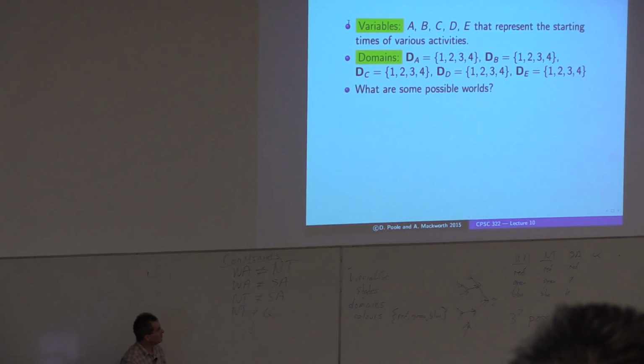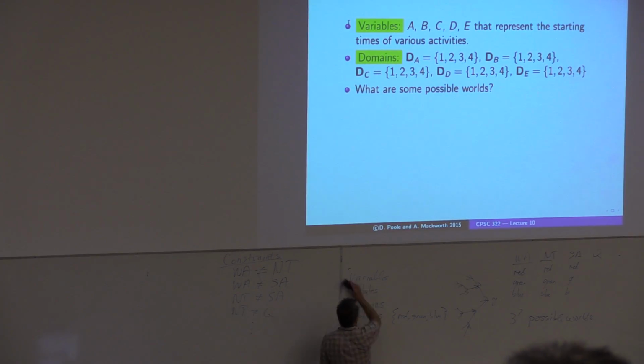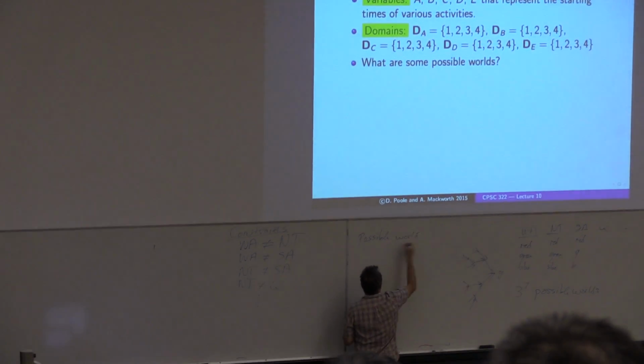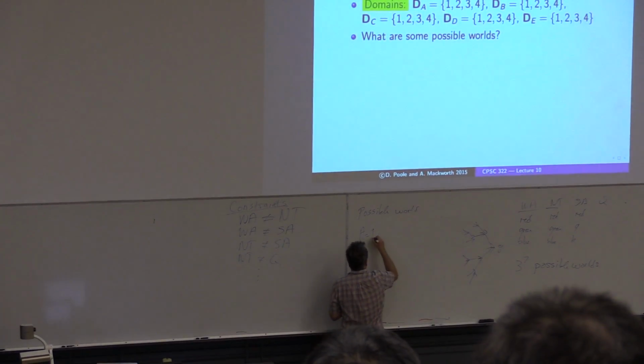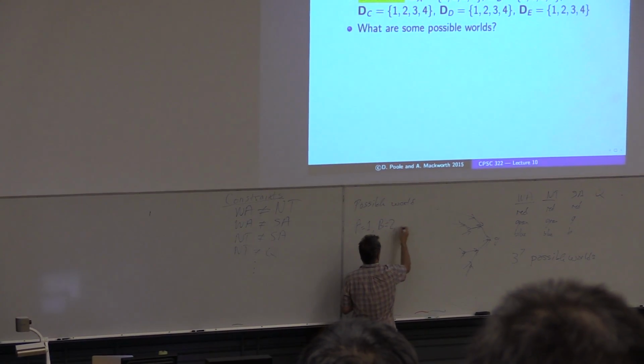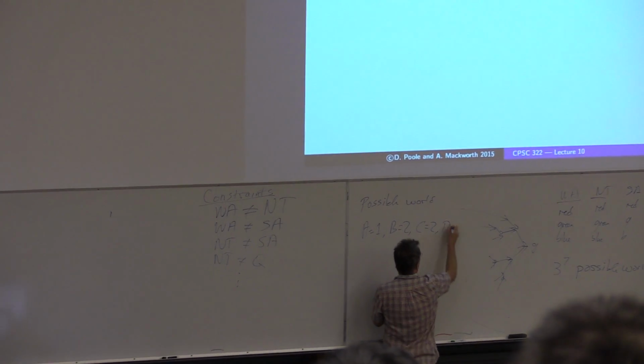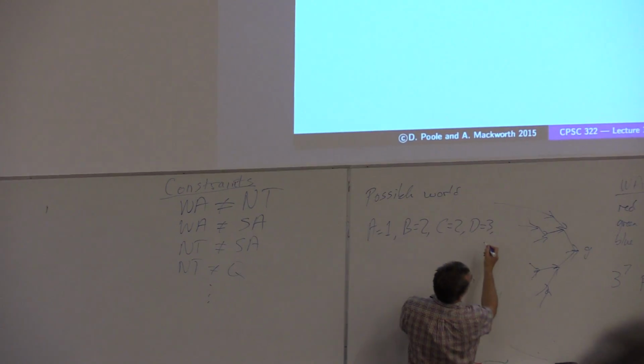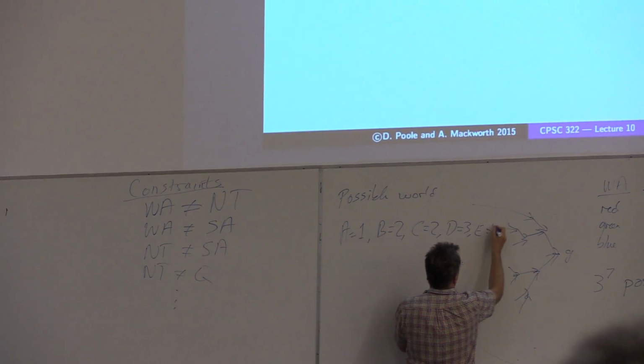So what are some possible worlds for this example? We could just assign a number to each variable, right? A possible world might be A is 1, B is 2, C is 2, D is 3, and E is 4.